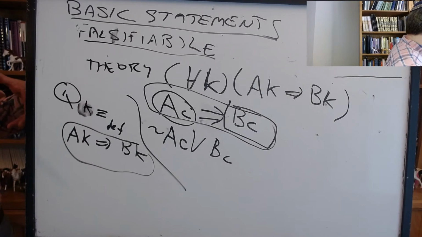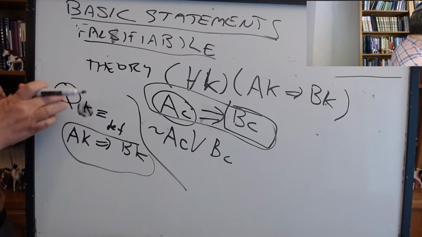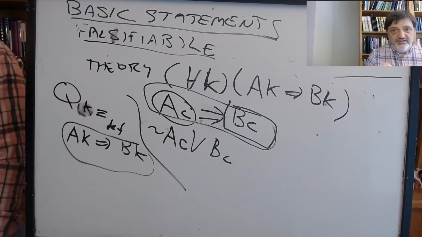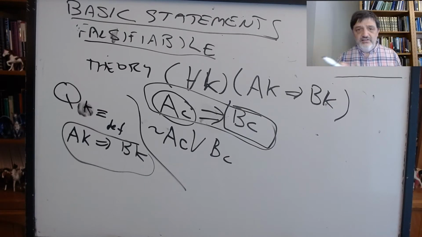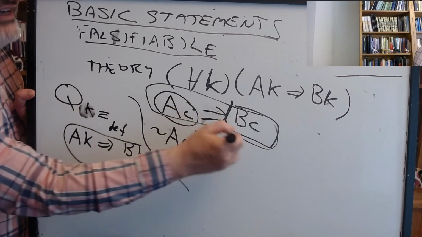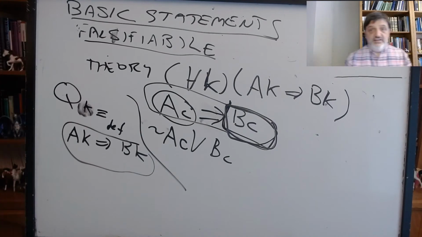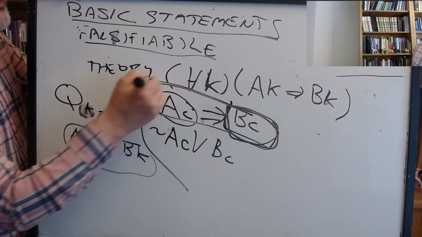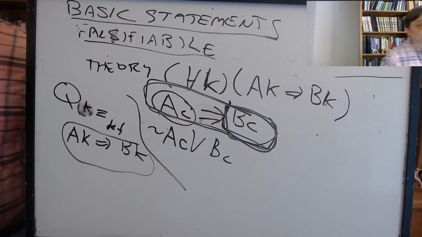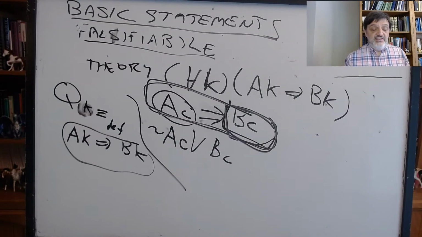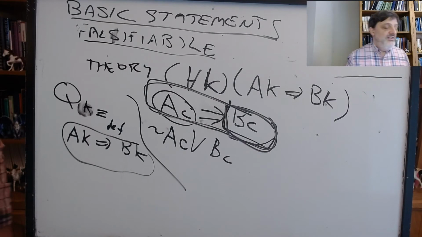So I can't tell just from looking at the logical symbolism whether it's this kind of statement, the kind that says something that I can test, that I can see if it's true at the location C, or whether it's this kind of statement that I can't see if it's true unless I have the initial condition.